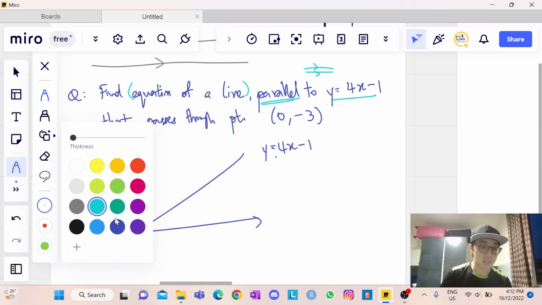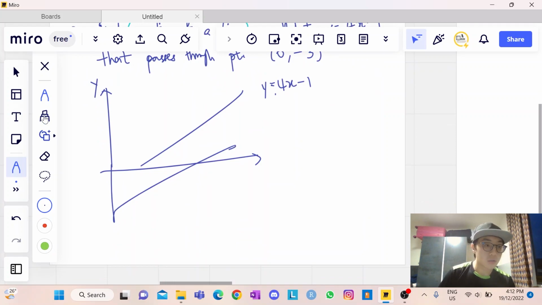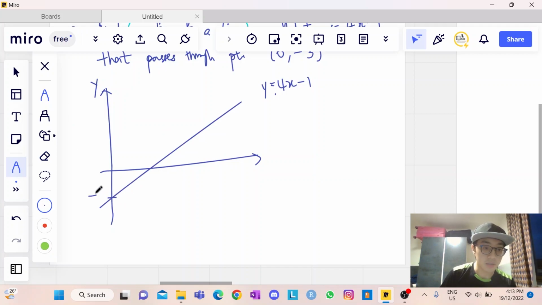So to extend this, let's redraw this. So this is gonna be negative 1.